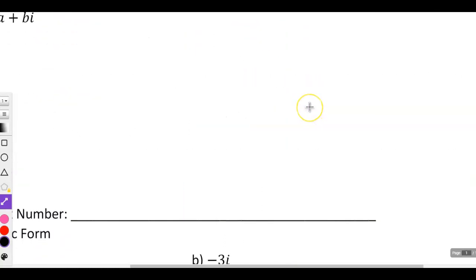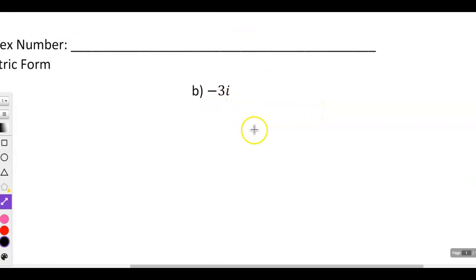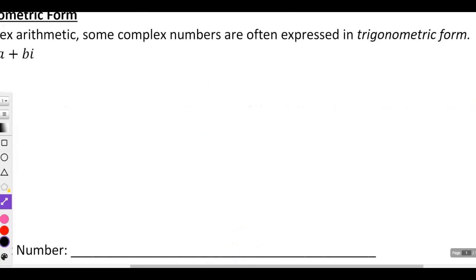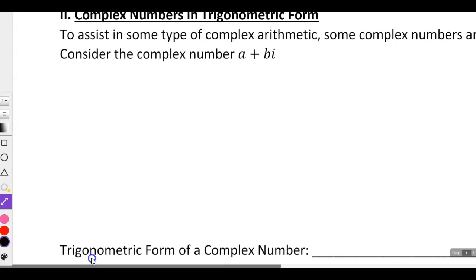For instance, if I just told you -3i, is that complex? You'll say, well, there's no real number. But the real number could be 0. This could be 0 minus 3i. So even imaginaries in themselves are also complex numbers, technically. There's a whole debate that goes on and on about that.